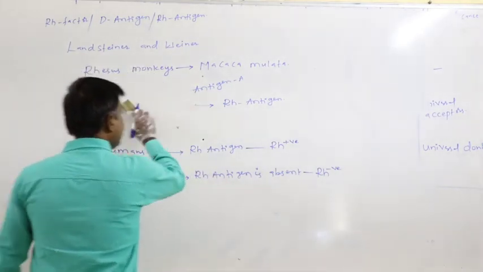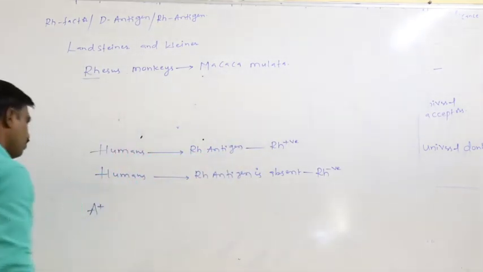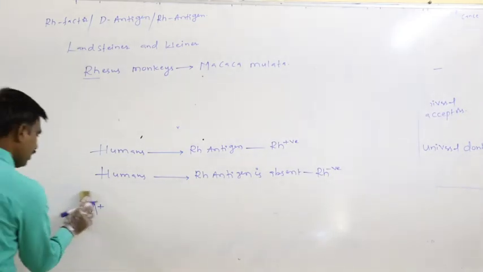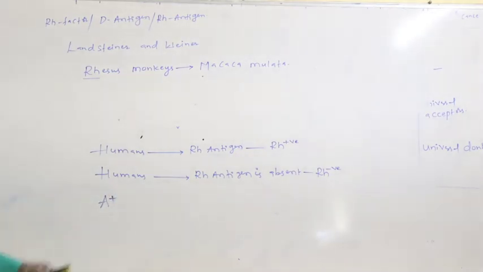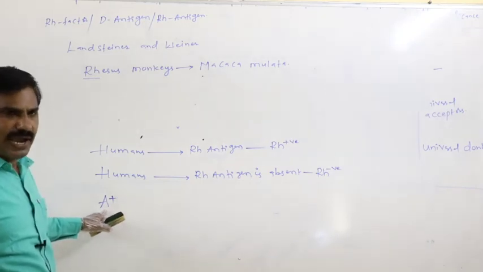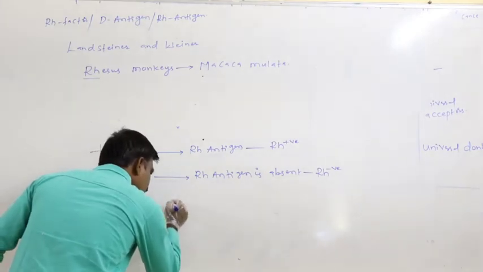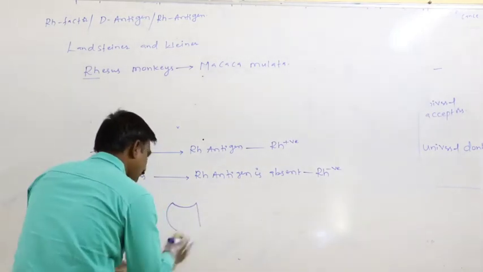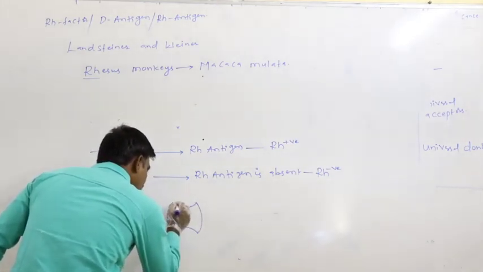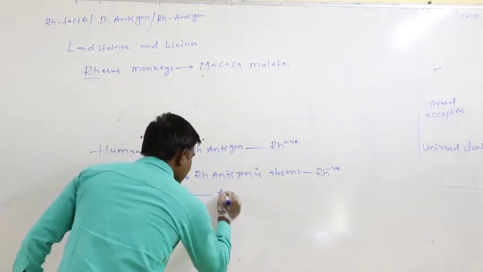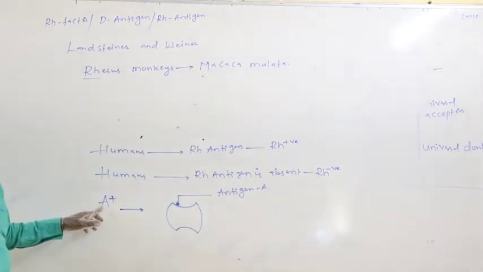For example, if we observe an A positive person, when we call the particular person's blood group A, antigen A is present on the surface membrane of RBC, that is a normal antigen. If antigen A is present, then we can say that is the A blood group.